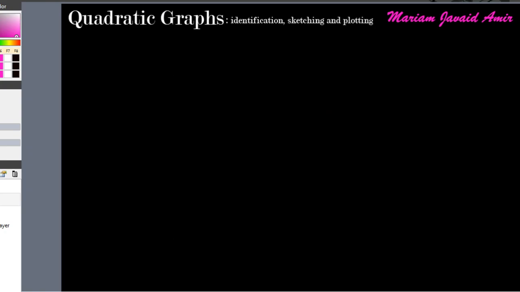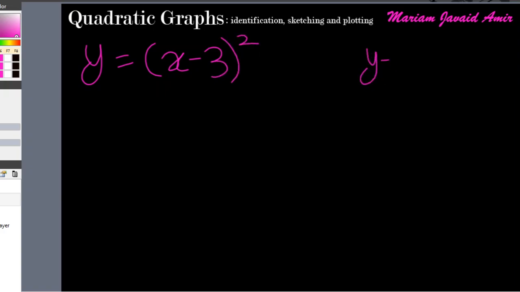Okay, so the next type of graph would be of the form y equals, let's say, x minus 3 whole square. Previously we just discussed the graph of shapes like y equals x square plus 3. Here the 3 is outside of the whole square. So the graph, let's quickly revise, it will be a U-shaped graph which cuts the y-axis at 3.